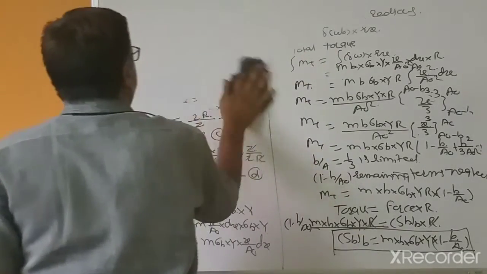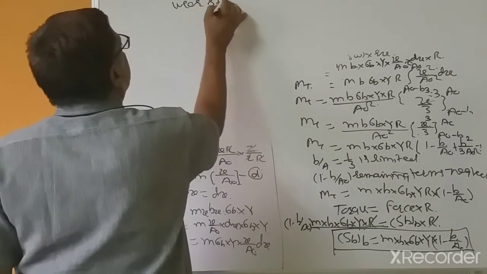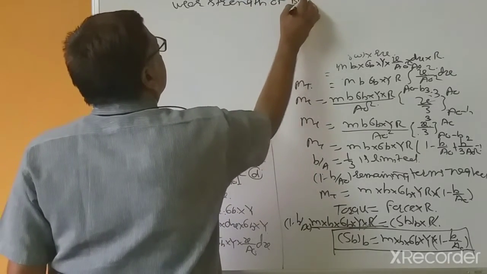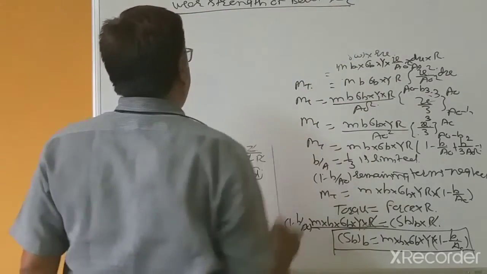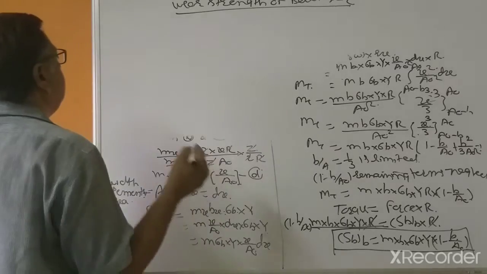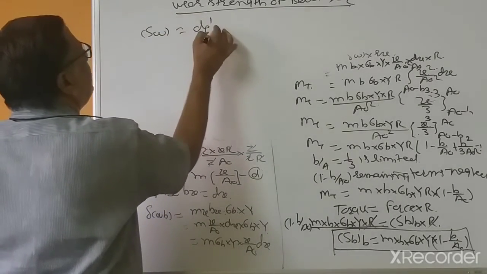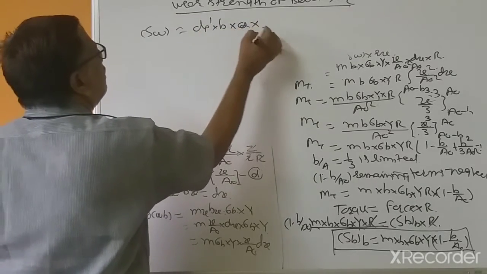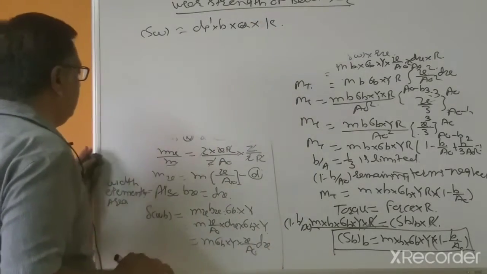Now for wear strength of bevel gear, so wear strength equal to, what is the formula? dp dash b q, and this is the value of the k.